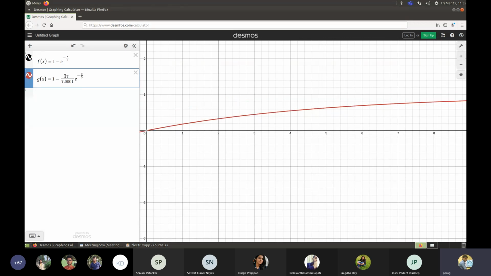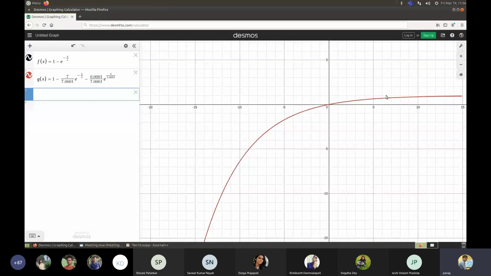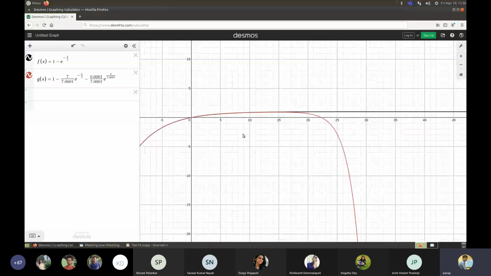See, till this point it's all okay because 7 divided by 7.0001 will not result in any significant difference. Now the problem comes here, minus 0.1234 divided by 7.1 e to the power x divided by 2.1234. Okay, let's see what happens. Okay, we see the difference now.